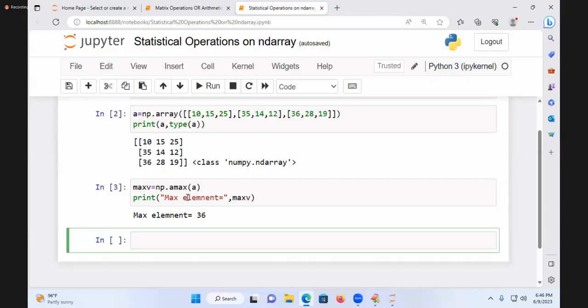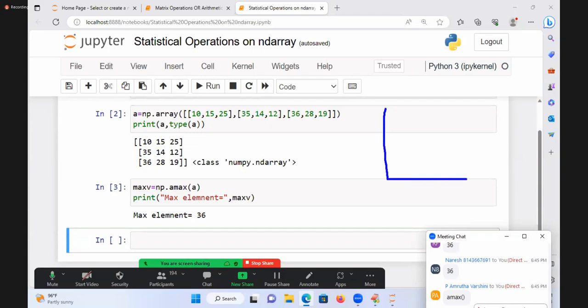How to get it? See students, I will give you a simple small idea. My dear students, please follow me. This horizontal line, which axis is it? X-axis. This vertical line, which axis?